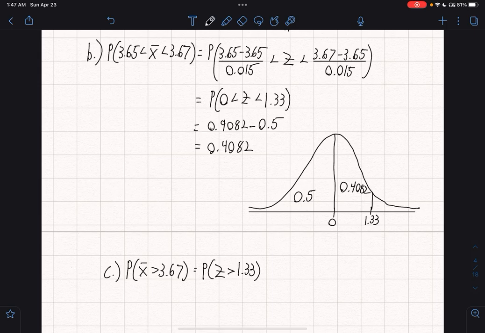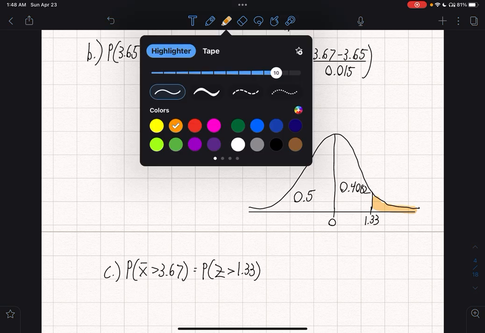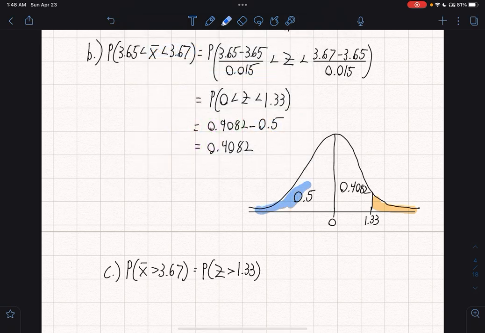Okay, so now we are interested in this area. Okay, well, we know that the total area needs to be 1, and we know that this blue area is equal to 0.9082.